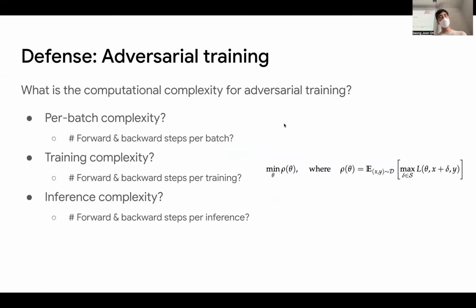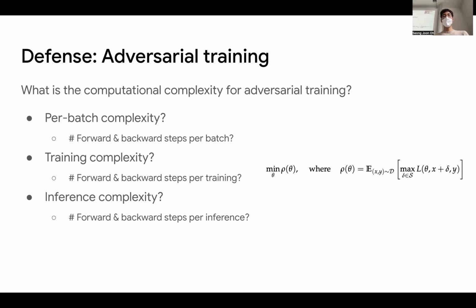And generally adversarial training is perceived as a very expensive defense mechanism. Let's think about per batch complexity, for example. How many forward and backward steps per batch do you need to make, compared to just training the vanilla way? For training the vanilla way, you just need one forward pass of the batch and then a backward pass, and then you update the parameters.